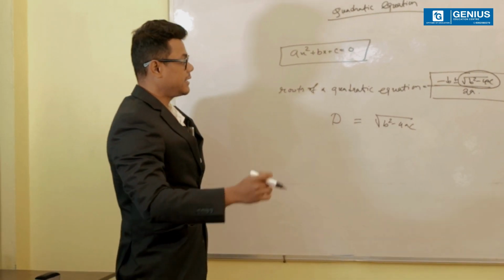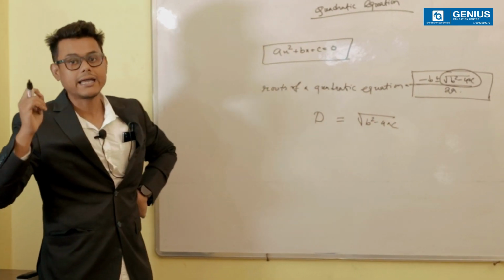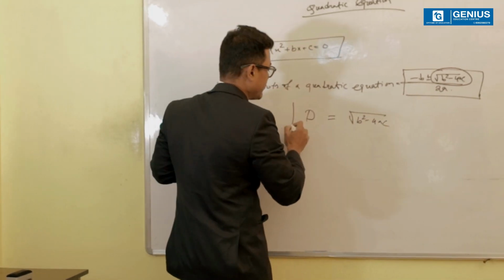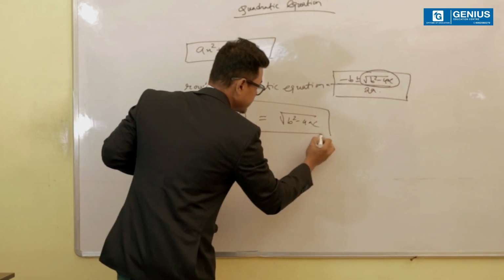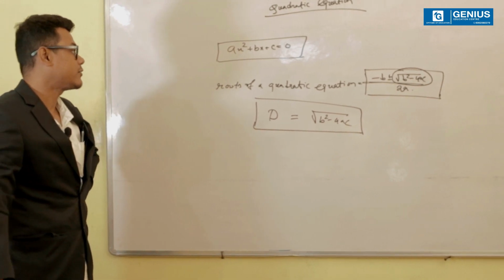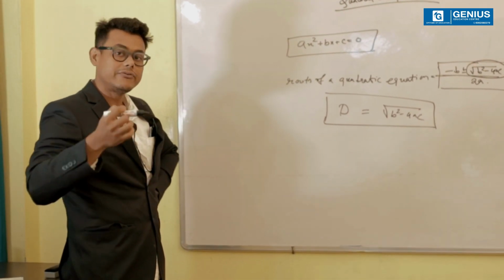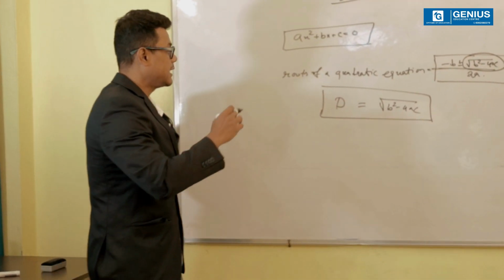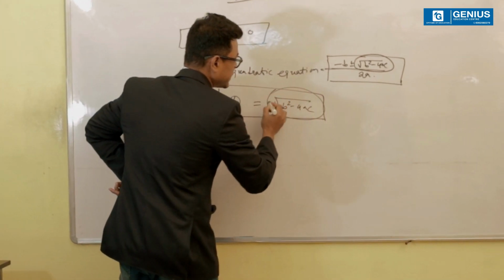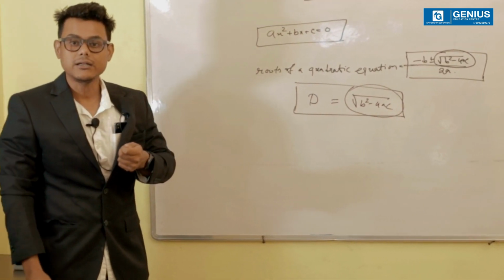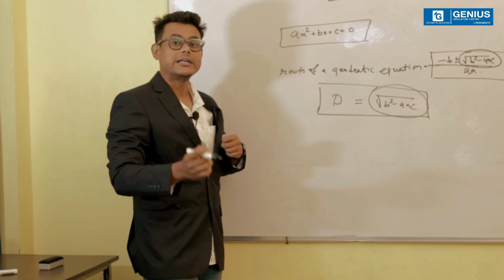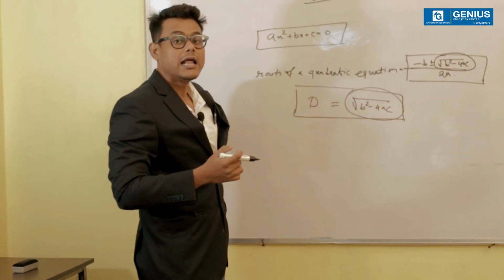I am stressing this fact, I hope you remember what a discriminant of a quadratic equation is. If you don't, I am repeating: the discriminant will determine what kind of roots a quadratic equation will have.